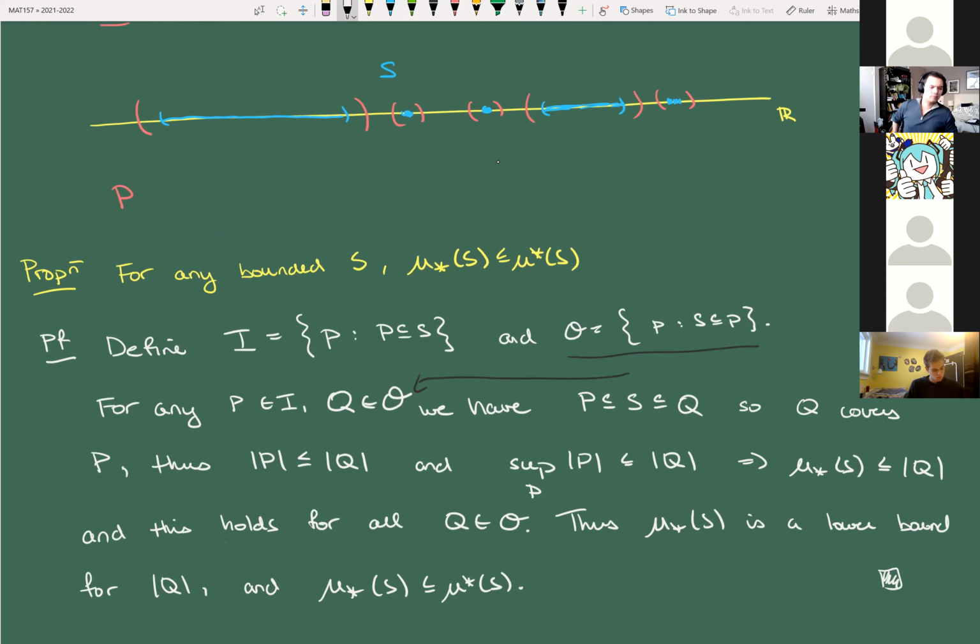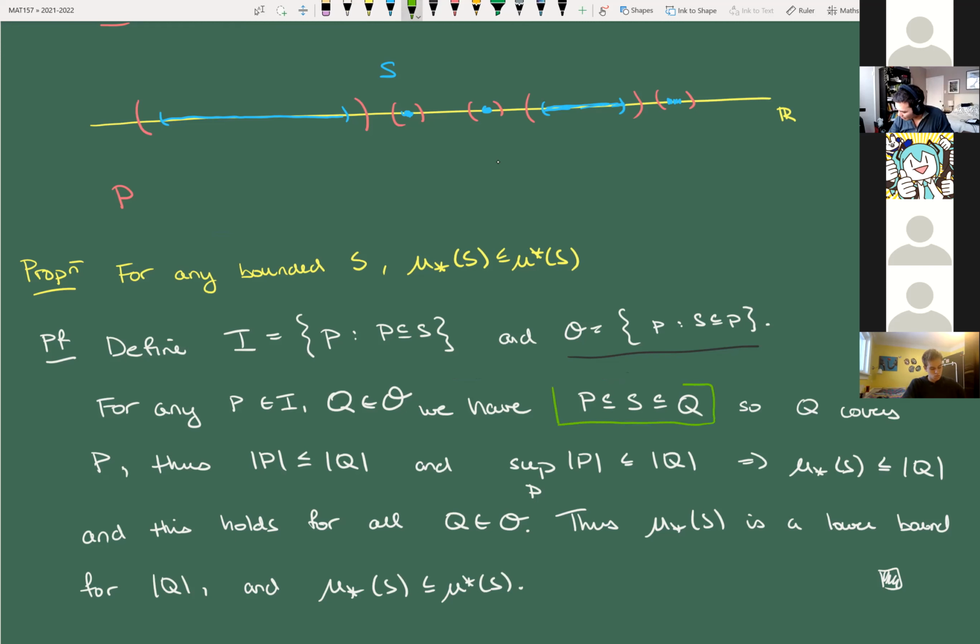What do you mean? So yeah, O is the collection of polyintervals which cover the set. And I'm saying let Q be any such polyinterval. I was messing around with that definition a few times, so maybe that's what threw you off.